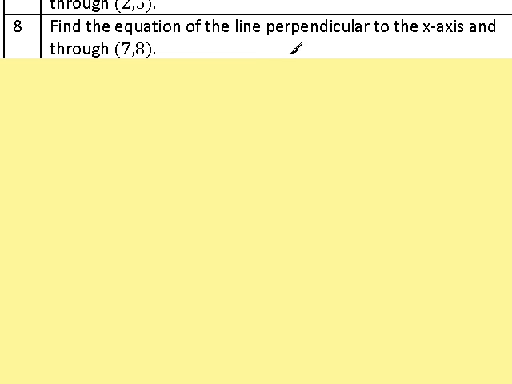And now we want the equation of the line perpendicular to the x-axis and through this point. Okay, let's see what we're talking about here. Here's the x-axis. Perpendicular to the x-axis is again a vertical line.